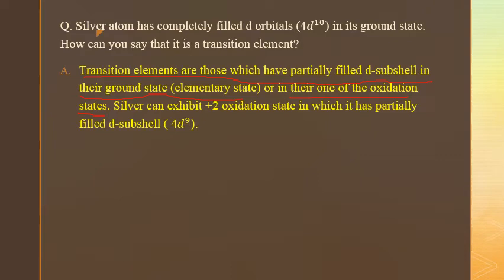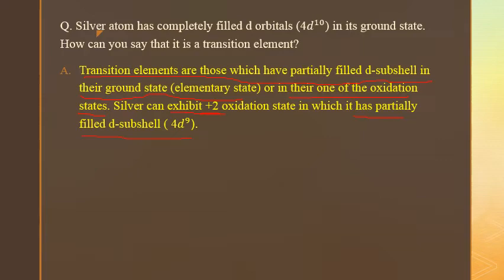But in case of silver, in its ground state silver has 4d10 electronic configuration, but silver can exhibit +2 oxidation state also, and in its +2 oxidation state, silver has a partially filled d subshell. That is, in its +2 oxidation state it has 4d9 electrons.